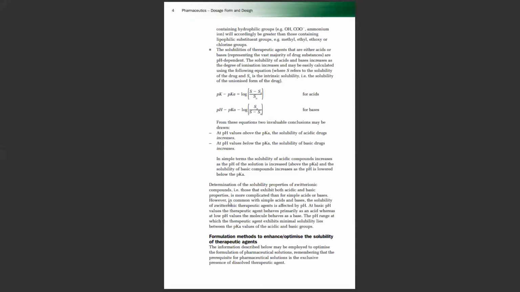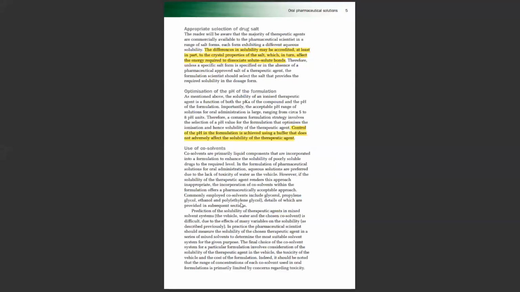Yes. So once we have solubility problems, there are some factors that you can use to optimize the solubility of your therapeutic agent. One of these is selection of a drug salt. An example of this would be the sodium salts of penicillin, or something like phenobarbital, which is mostly insoluble.